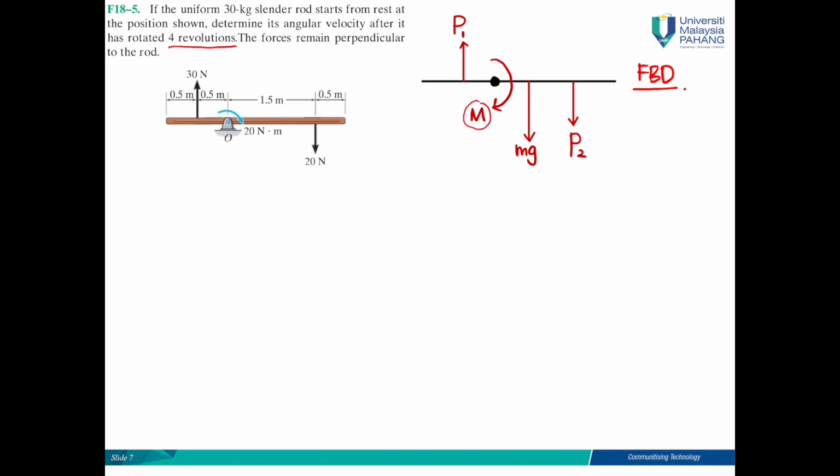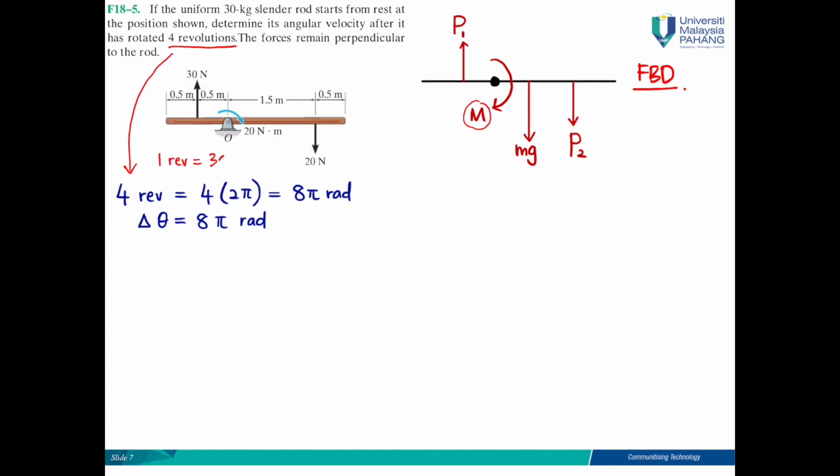By looking at the free body diagram, we know that the couple moment here is doing work because it undergoes rotation. There is a change of angle. There is angular displacement. So what is the angular displacement? It is basically the 4 revolutions given up here. One revolution is equal to 360 degrees, which is equal to 2 pi in radian.